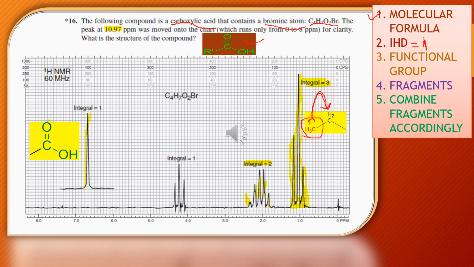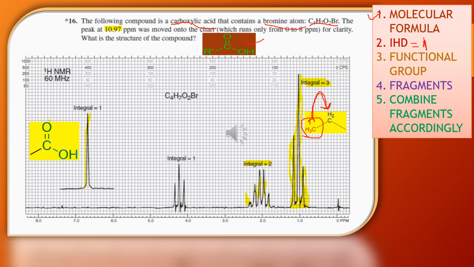That could be in the form of two CH2s, or one CH3 at one side and a CH at the other side.